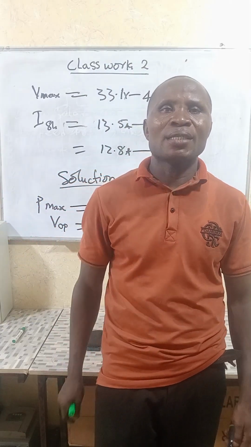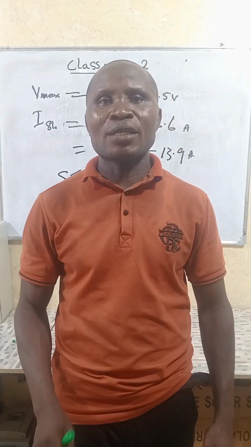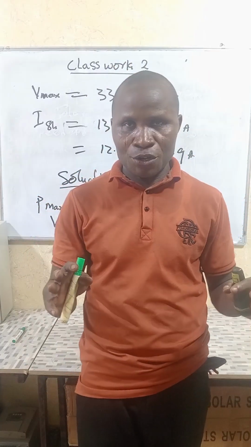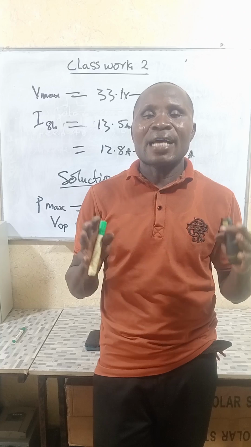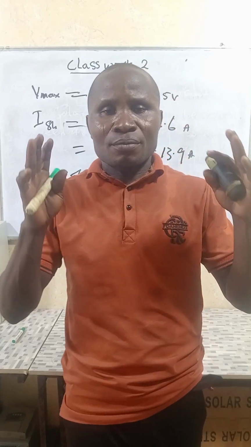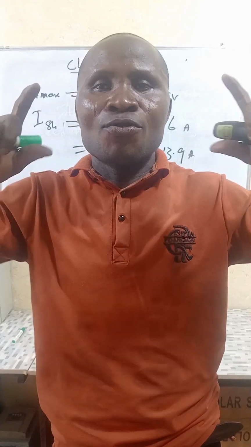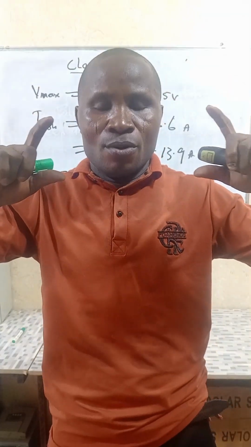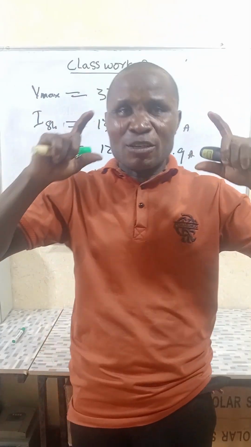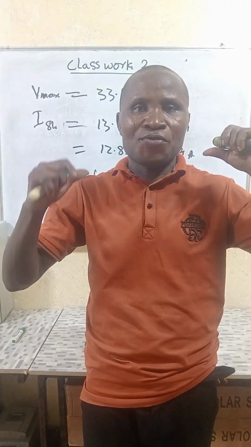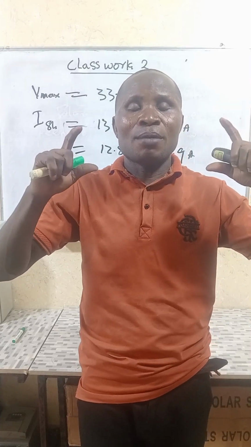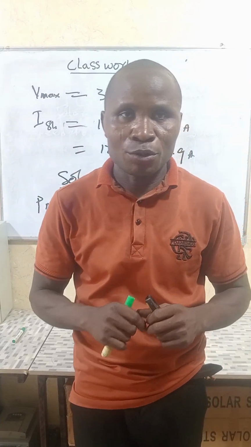Now, having gotten that, we need to quickly go and take the drawing. Remember, our target is to have 48 volts DC output from this panel to feed the PWM solar charge controller.